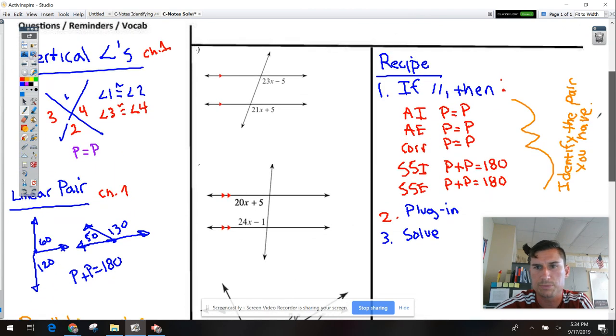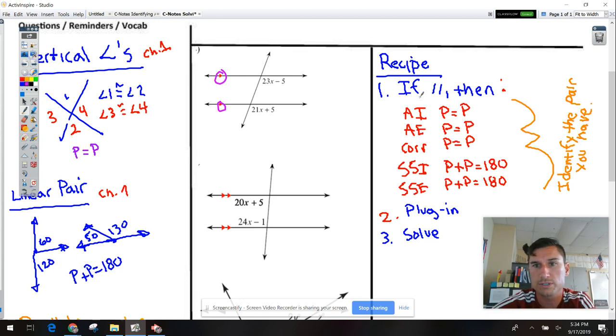All right, so the recipe. So when we're looking at these test question examples or maybe quiz questions, first thing you do is check for parallel lines, because this conditional statement is going to be if you have parallel lines, then. So if you don't have the parallel lines, then none of this is true. It's really important to identify parallel lines. For this example 1, you'll notice that we have the symbols for parallel.